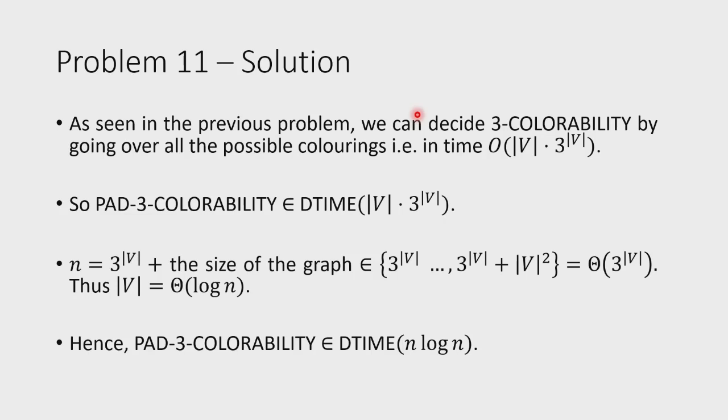We wrote down a coloring, then we went to the corresponding adjacency list representation, and basically went over the entire coloring and checked whether it was valid or not, right? So we have 3 to the size of V many colorings, and for each and every coloring we need to go over it once to check whether it's valid or not, right?